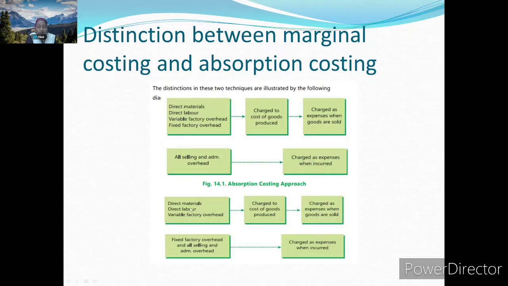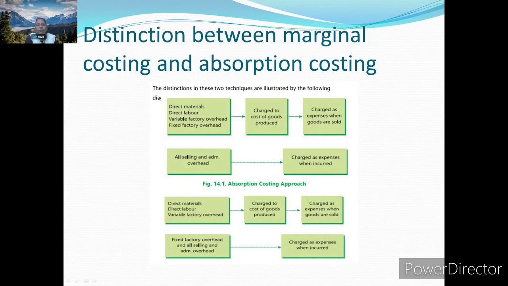This is the difference we have discussed in my first and second PPT, while understanding the meaning and definition of marginal costing and absorption costing. Here, fixed factory overheads and all selling expenses and administration overheads are considered and charged as expenses when incurred.